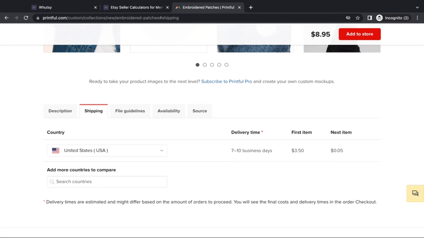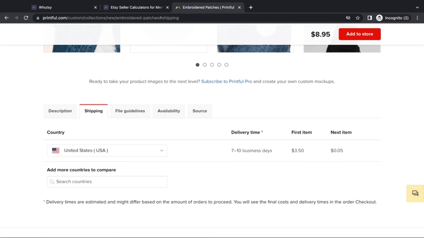I ship worldwide. I would say less than 5% of my orders are outside of the United States. And there's lots of laws and taxes and other fees that happen for shipping from the US to international countries. Etsy takes care of a lot of those fees, but they can get kind of in the way of understanding how much money you're actually making.